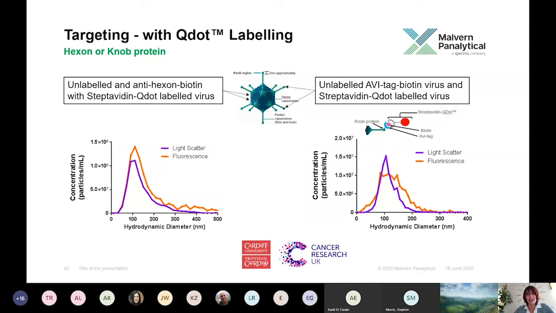Similarly to the hexon protein, we linked it with the streptavidin quantum dots and analyzed our samples in both the light scatter and fluorescence mode. As you see on both slides, where the purple line is the light scatter and the orange is the fluorescence, we successfully targeted both sites, the hexon proteins and the knob region, and successfully analyzed both samples in the light scatter and fluorescence mode.